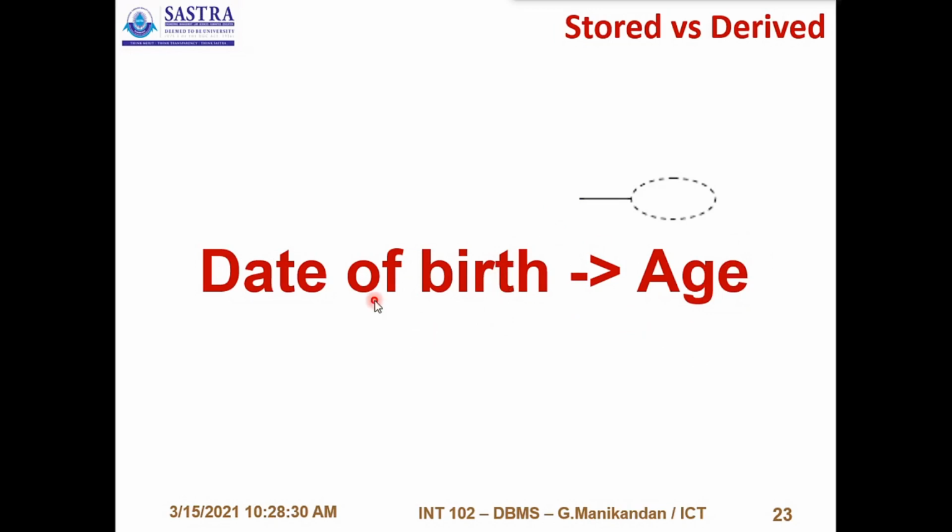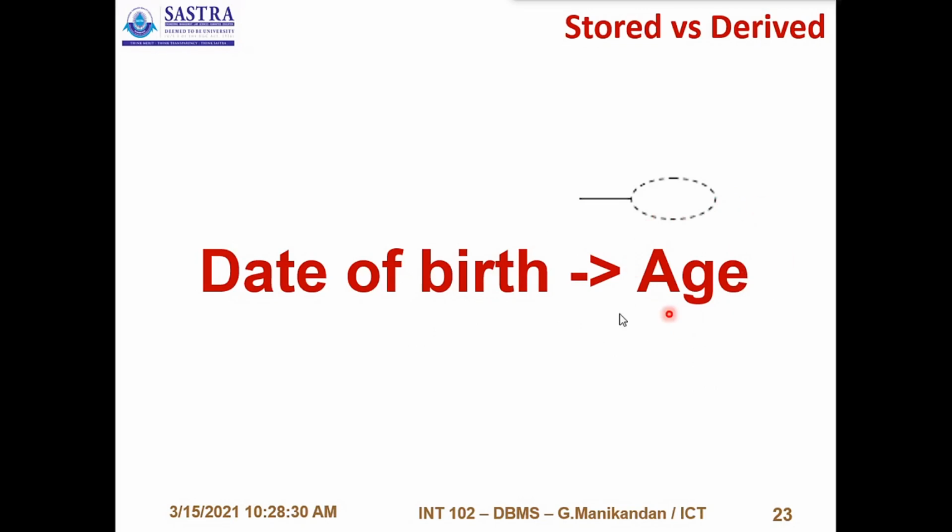It is enough if you store the date of birth in the database. If the date of birth and the current date are known to you, you can compute the age. At the time of displaying some information to the user, you want to display the age. Only this age is used for display purposes.